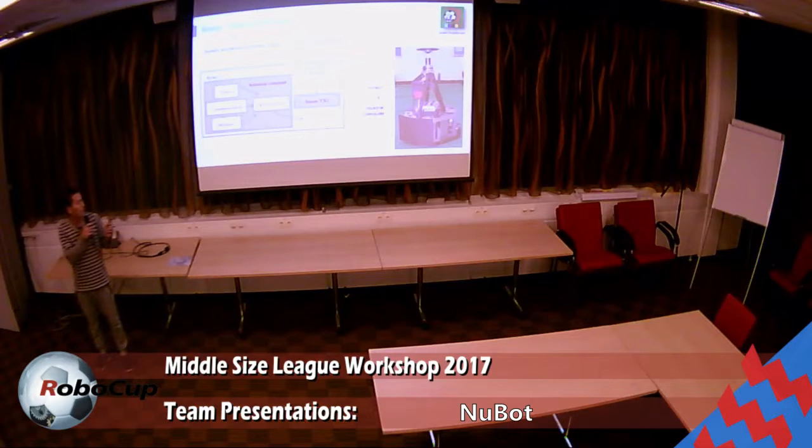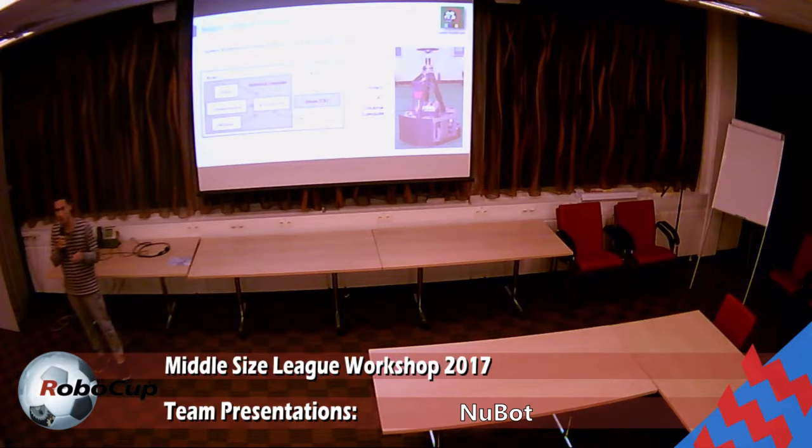But if we want to process the information from the omnidirectional camera and also the Kinect, you consume so many resources. So we try to use the TX1 here, and we also use the ROS framework.